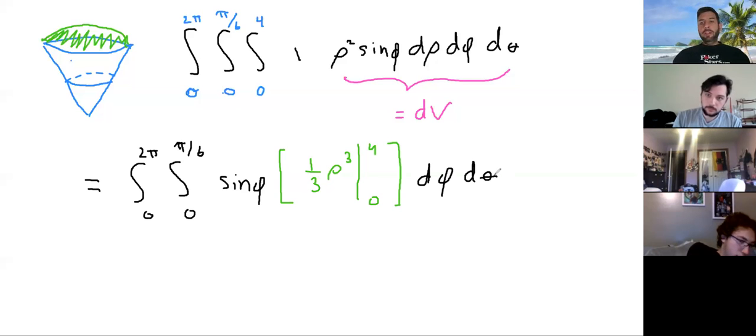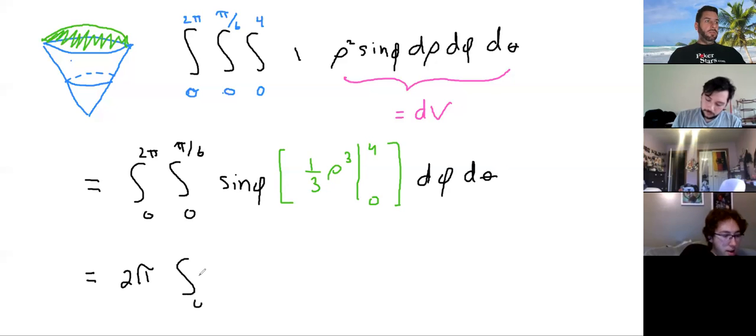Now, again, the better you are at this, the more you've done, you'll realize I could have integrated out that theta because there's no theta anywhere. I could have killed that bird earlier. And in fact, let's do that now. What is this? There's no theta, so I'm just going to integrate it, and I get 2 pi.